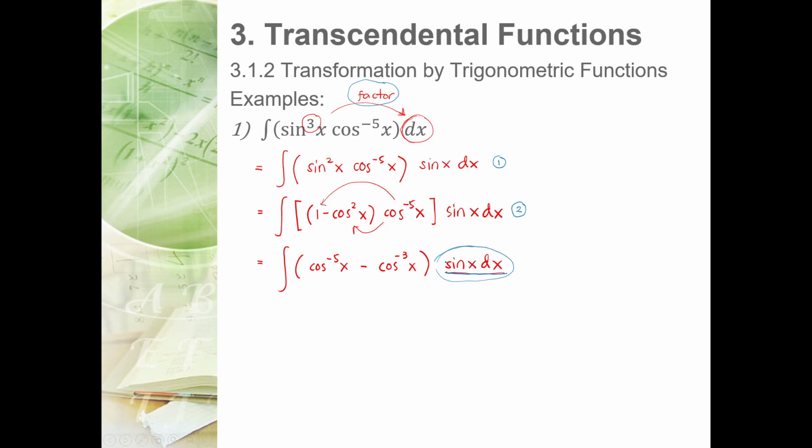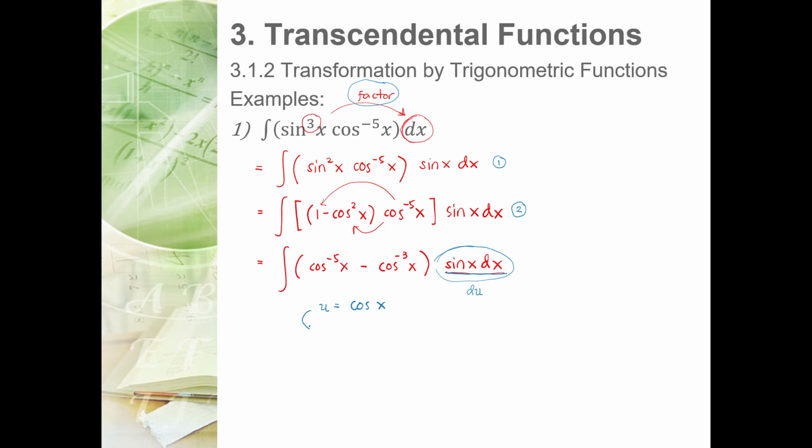If you ask me what will be the proper way of using the u sub, since we factored this as sine x dx, this will be our du later for our u sub. And if you think about what function gives a sine function as its derivative, that will be the cosine function. So let u be cosine x.